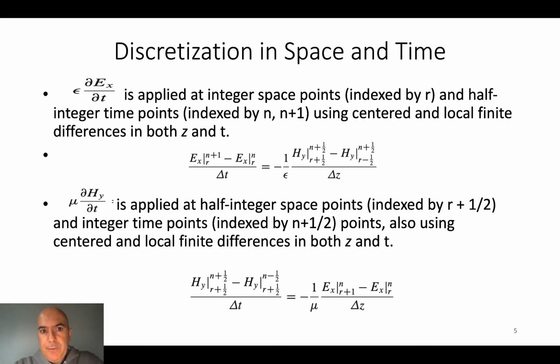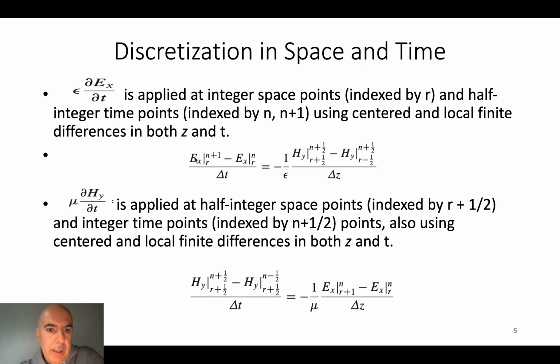The electric field is applied at integer space points indexed by r, a variable on our grid, and at integer time points, with centered finite differences in both z and t. So let's look at this particular equation.